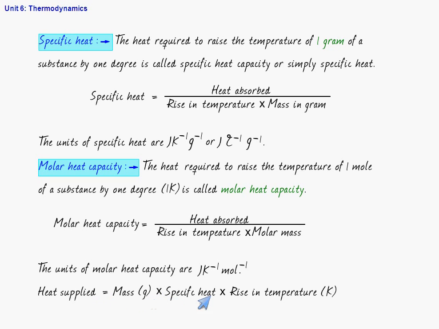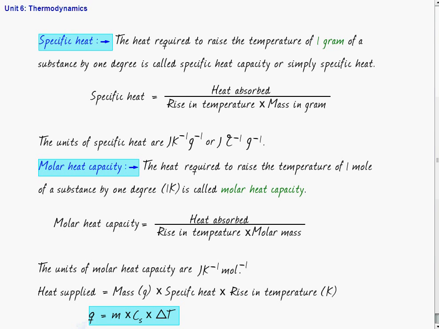So Q is equal to M into C into delta T. C is a specific heat capacity or a specific heat. This is a very, very important relationship, which will be used in solving numerical problems. Q is equal to M, C and delta T, where M is the mass, C is the specific heat capacity and delta T is the rise in temperature.